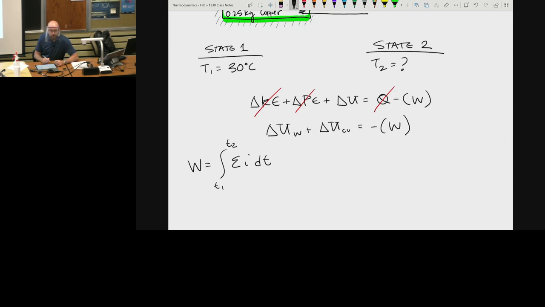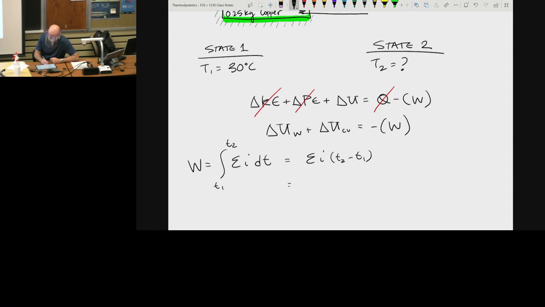If you take the rate of work times the time that you're working on, you will find out what the actual work is. Okay, this is on the equation sheet, so we don't have to really worry about that. But the voltage and the current are constant, and so you're going to be able to say this is equal to E I times T2 minus T1.